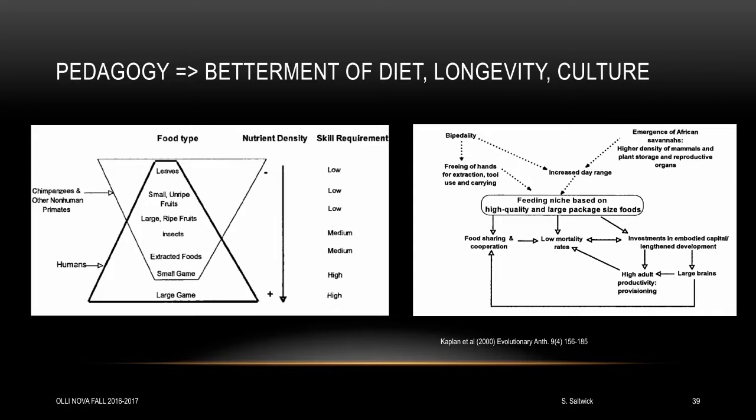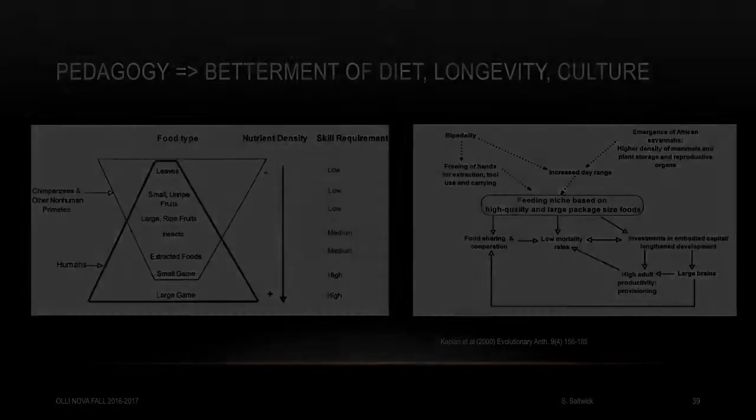Adults have brains that think and feel about other brains. Language gives us capability to efficiently synchronize mental states among those brains and to feel rewarded in the process. It thus seems highly likely that pedagogy evolved for the betterment of the species, betterment in diet, longevity, and culture as shown on this slide.